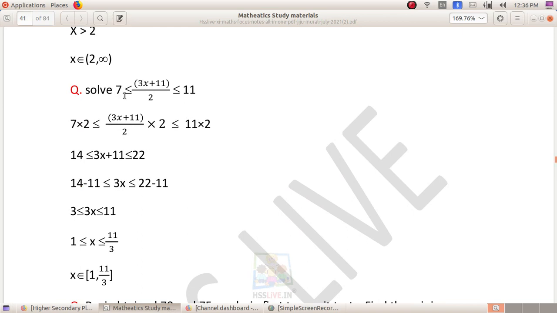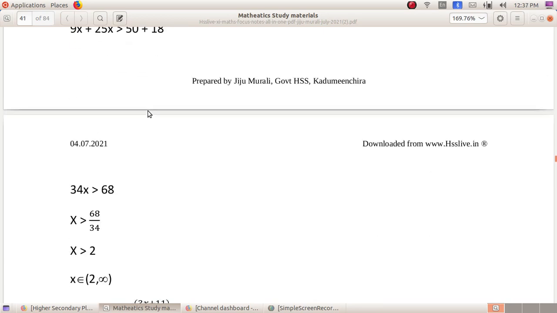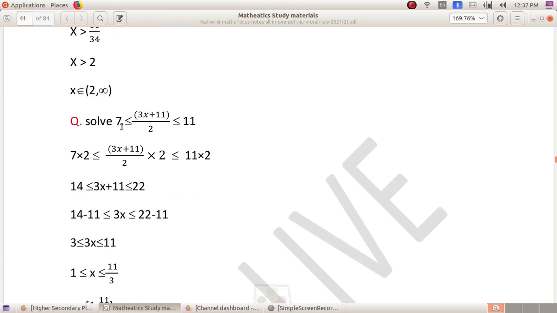Next question, a very important question. Solve 7 less than or equal to 3x plus 11 by 2 less than or equal to 11. Here two inequalities are used. In the previous cases there was only one inequality, but in this question there are two inequalities. Therefore, this question has its own importance.